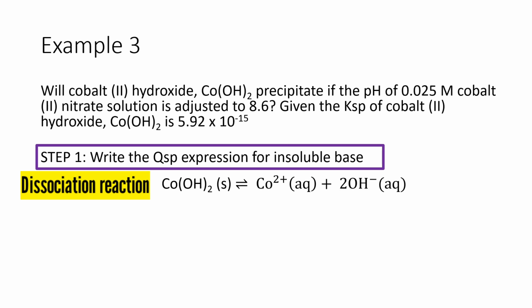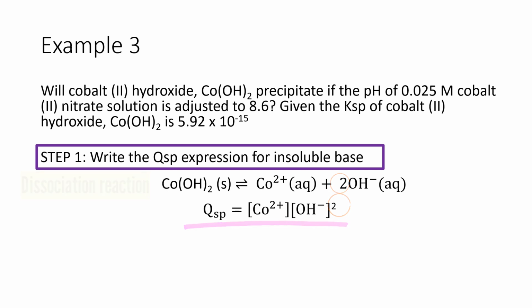With the dissociation equation, we can write the reaction quotient expression as the product of the concentration of cobalt ion with the concentration of the hydroxide ion raised to the power of 2, set by the coefficient in the balanced chemical equation for the dissociation reaction.